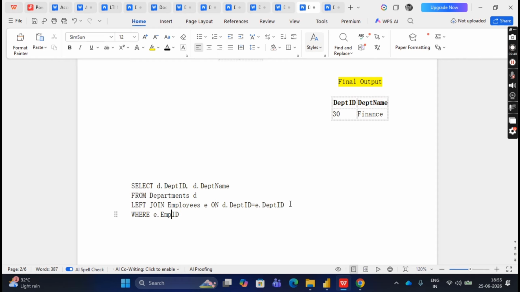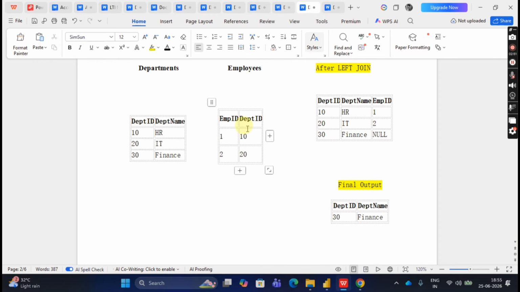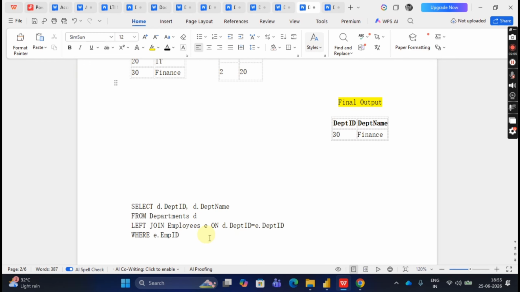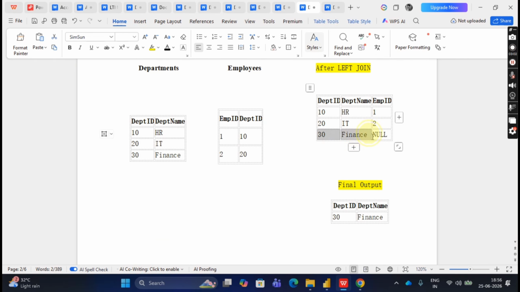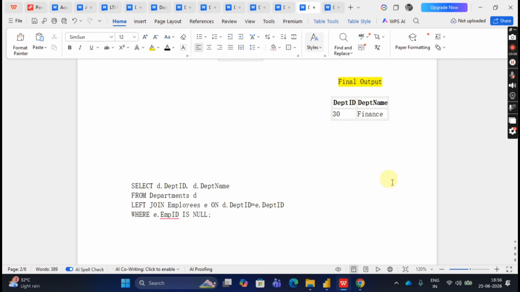So we use WHERE E.employee_ID IS NULL. So we will be fetching only those department IDs and department names where E.employee_ID is null. So in the resultant table, we will get the values for only one department, that is Finance: 30 Finance.